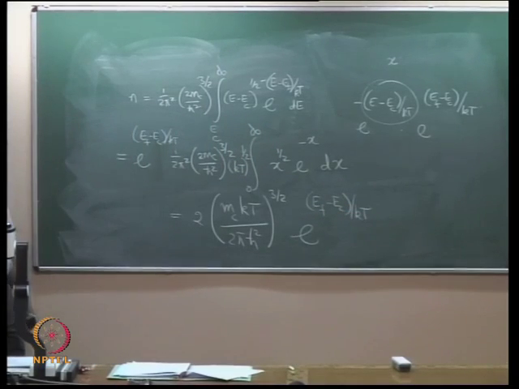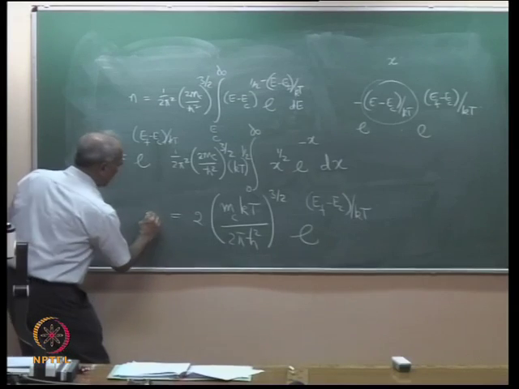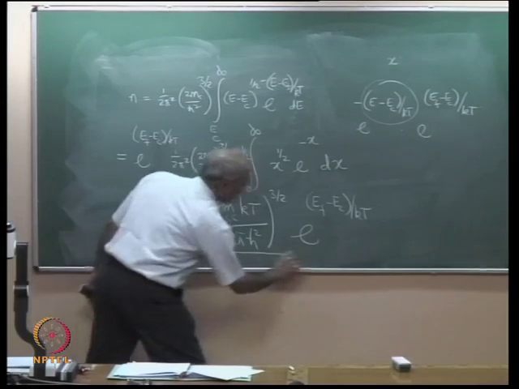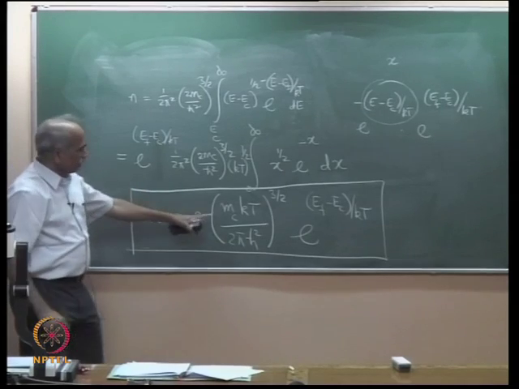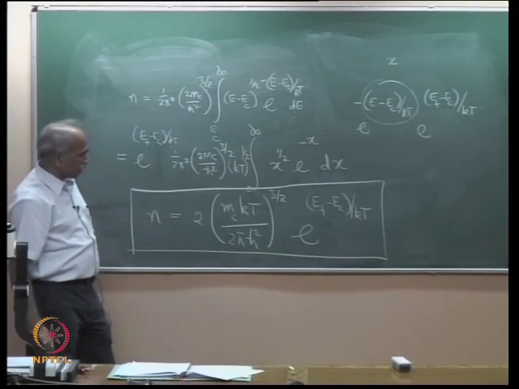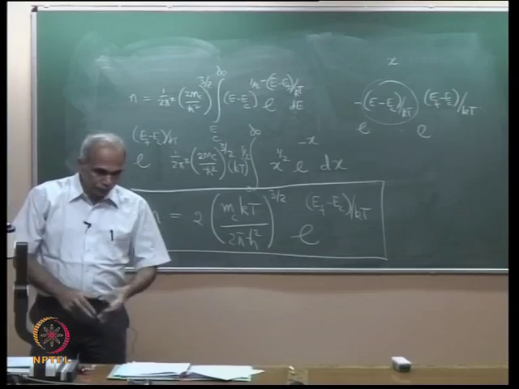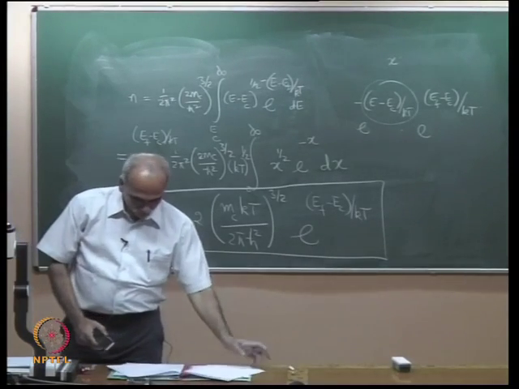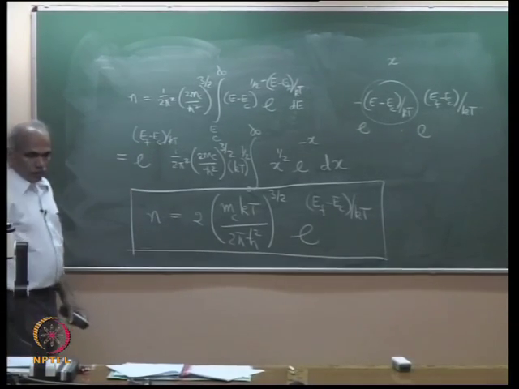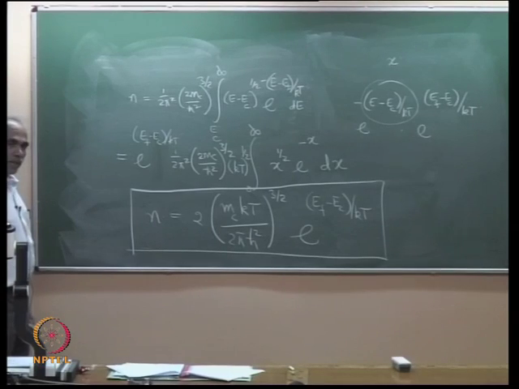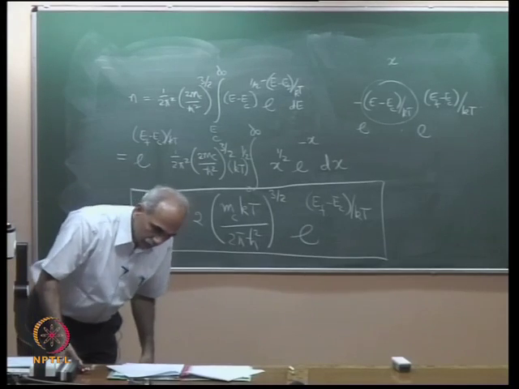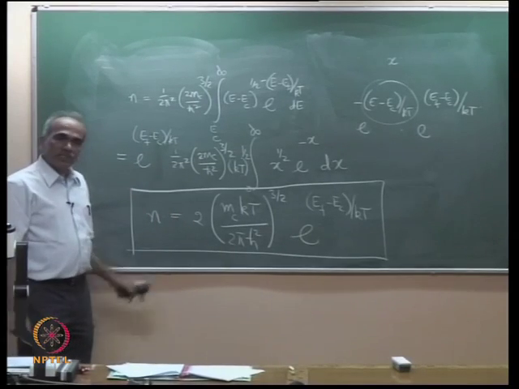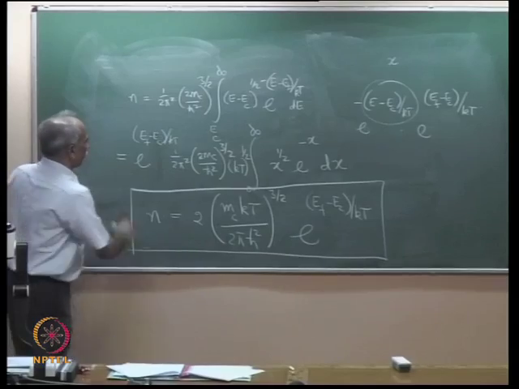Please simplify this and check that n is equal to 2 into mc kt by 2 pi h cross square to the power 3 by 2 into e to the power f by kt. So this is under the Boltzmann approximation.